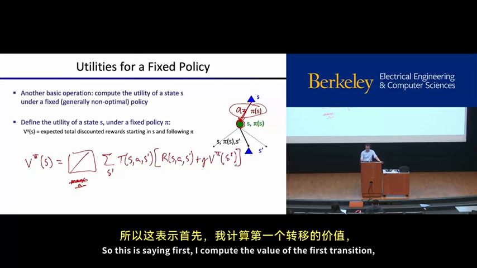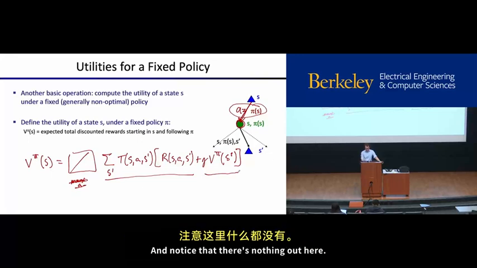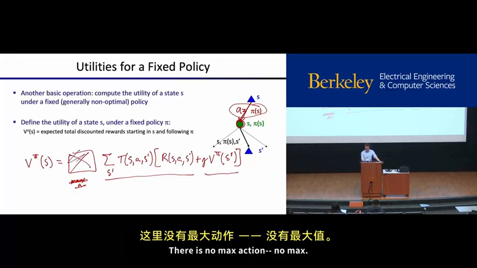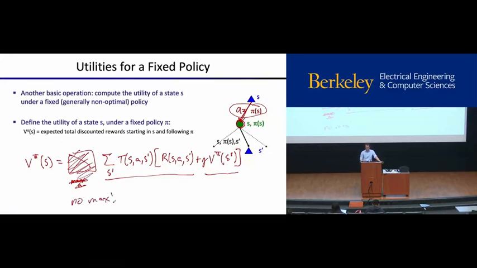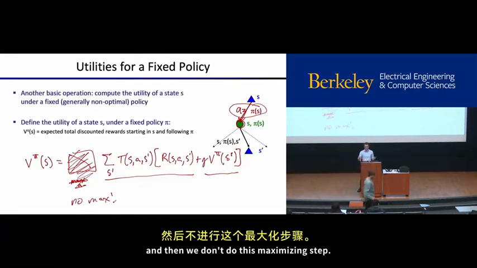So this is saying, first I compute the value of the first transition, then I compute the value of staying under this policy. And notice that there's nothing out here. There is no max action. No max. So that's the difference. If we want to evaluate a policy, we just take the policy action, and then we don't do this maximizing step.